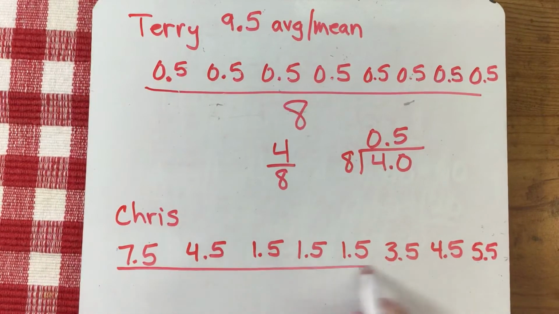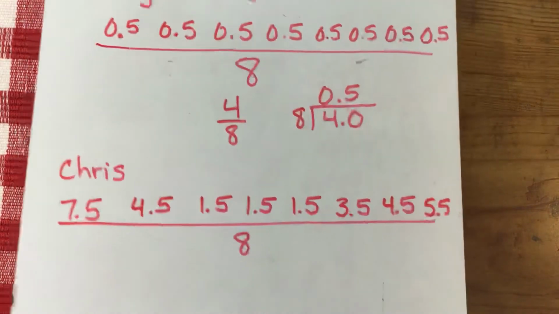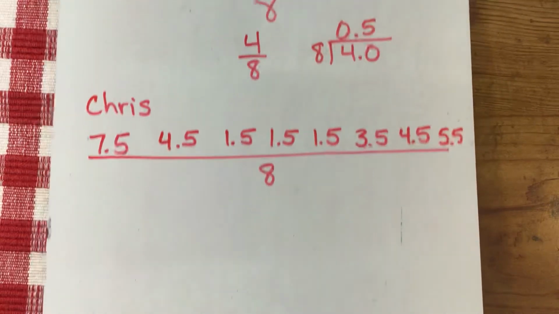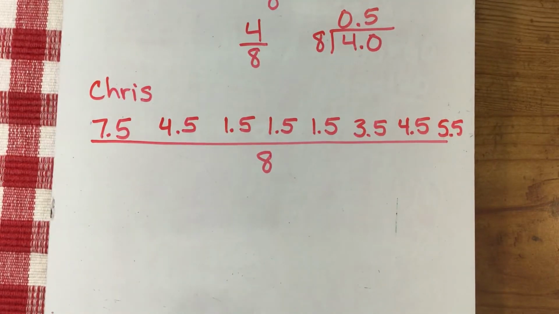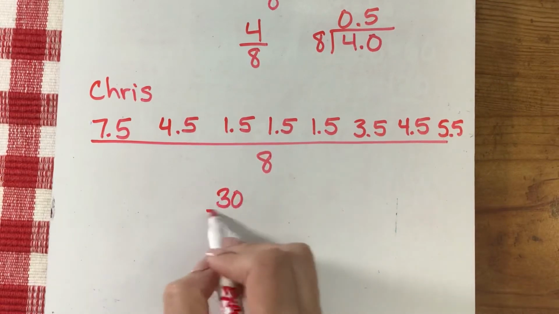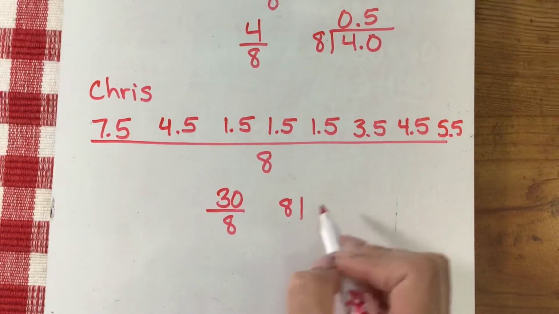Okay, and remember, divide by however many sets of data you have. You should have 8. So if you add up all the scores, all of these, go ahead and take a minute to do that. You should get 30 over 8. Let's go ahead and do our division.